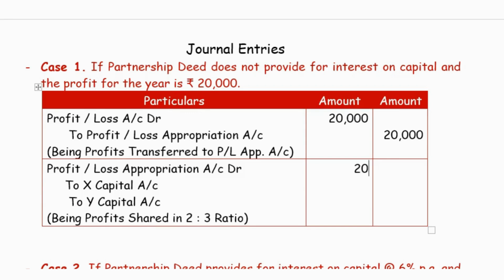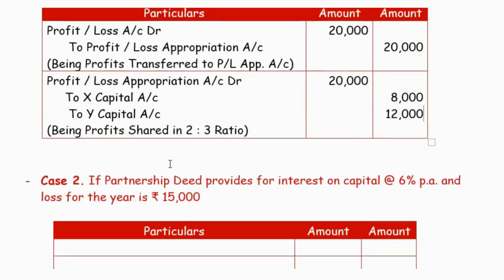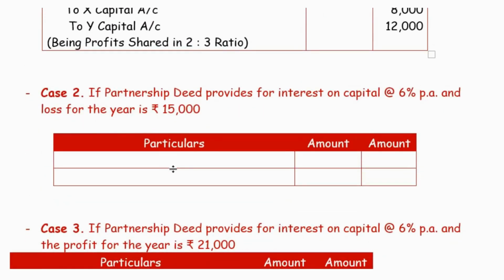That is, the 20,000 is divided in 2:3. Hope you are familiar with dividing the values. So this is the journal for the first case. The second case: if the partnership deed provides an interest on capital of 6% and there is a loss for the year.